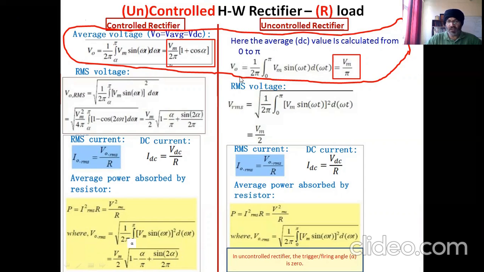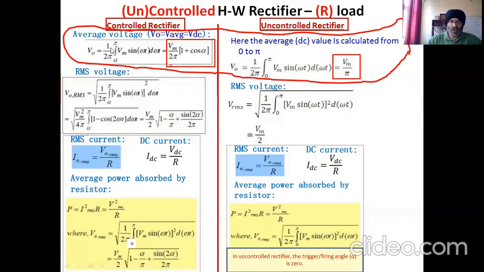But for the uncontrolled diode rectifier, this voltage signal is the same, but it gets integrated from 0 to pi, because the diode starts conducting at 0 immediately. Then dividing it by the total time period, we get an average.